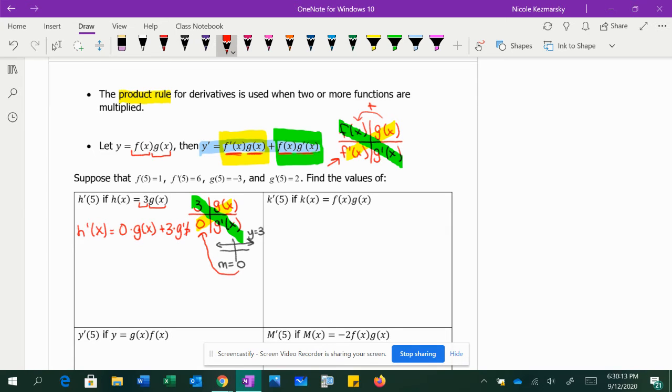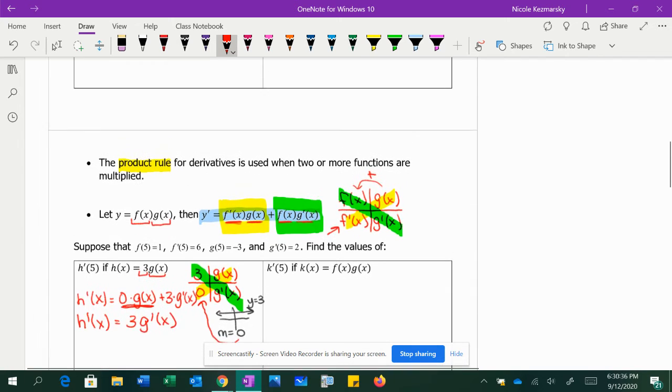And I'm running into a little space here. That's okay. I'll erase a little bit so that I can squeeze this in. Well, if I have 0 times g of x, this term is going away. H prime of x is just going to be 3 g prime of x.